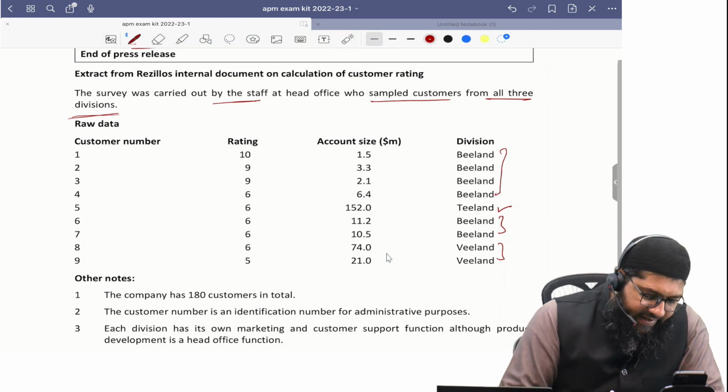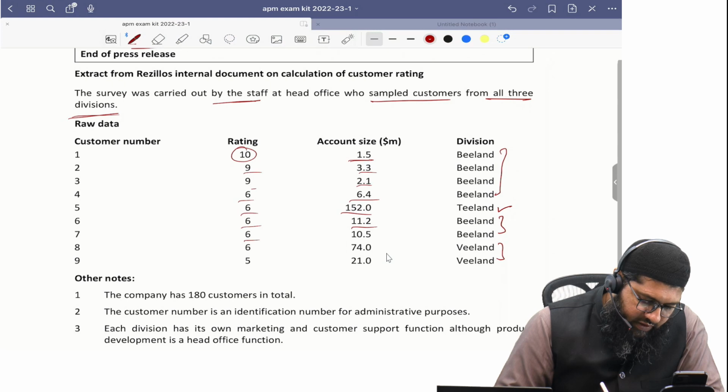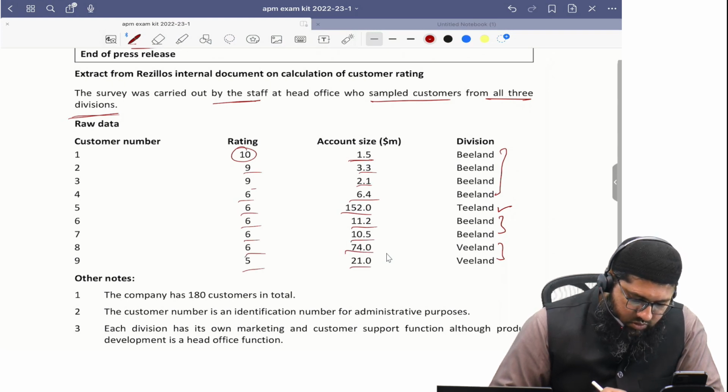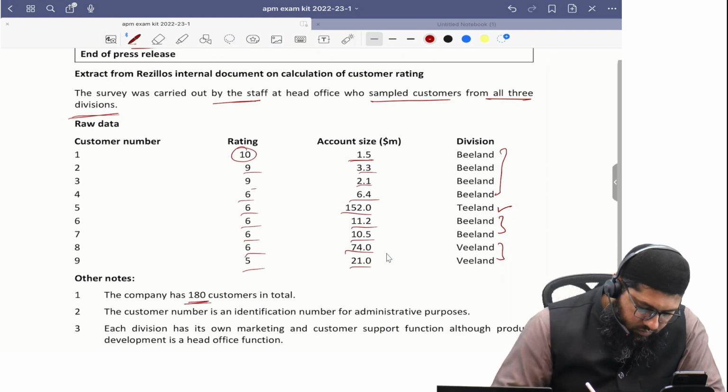Beeline customer rating 10, account size is 1.5 million. Then 9, 3.3; 9, 2.1; 6, 6.4; 6, 152; 6, 11.2; 6, 10.5; 6, 74; 5, 21. The company has a total of 180 customers.